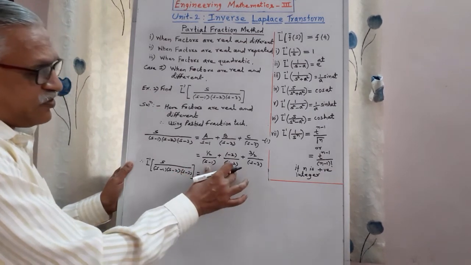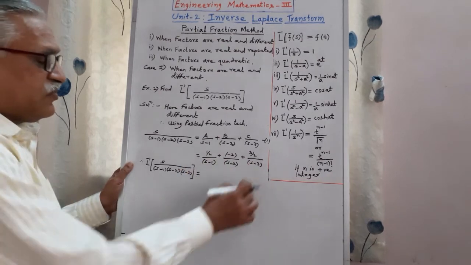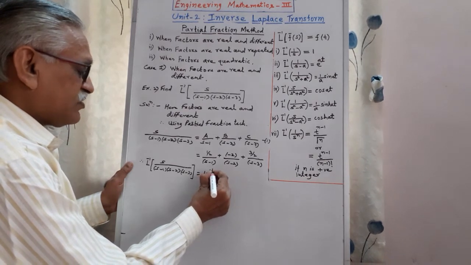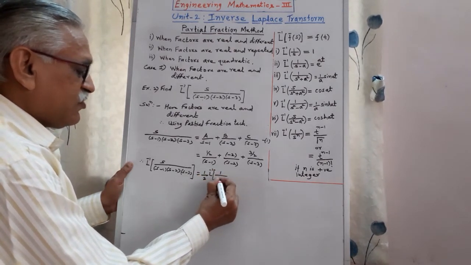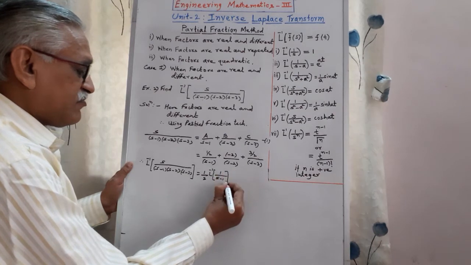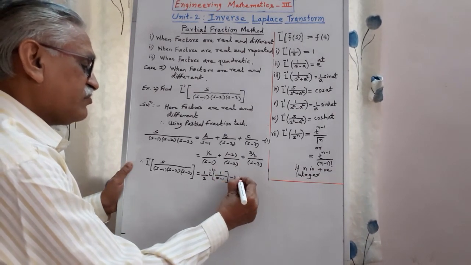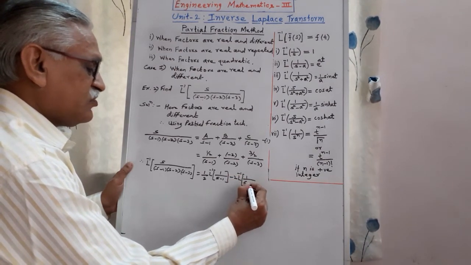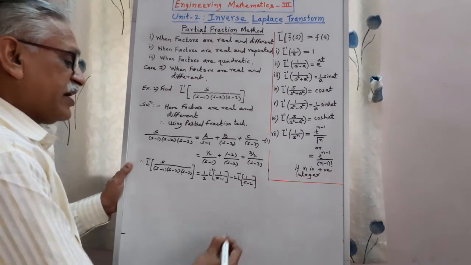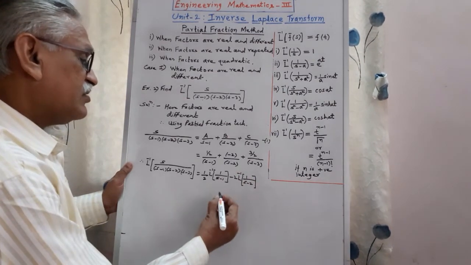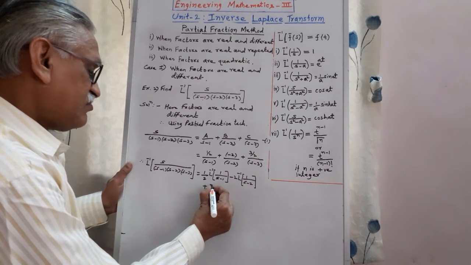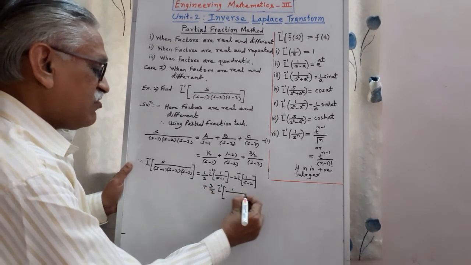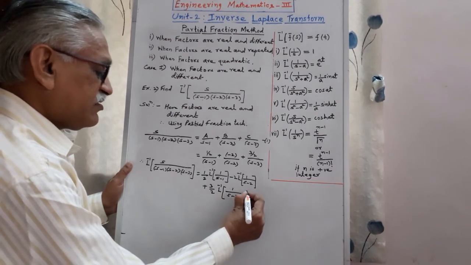is equal to the inverse of the right hand side term. Taking individual inverses, 1 by 2 constant outside, inverse Laplace of 1 upon s minus 1, minus 2 inverse Laplace of 1 upon s minus 2, plus 3 by 2 inverse Laplace of 1 upon s minus 3.